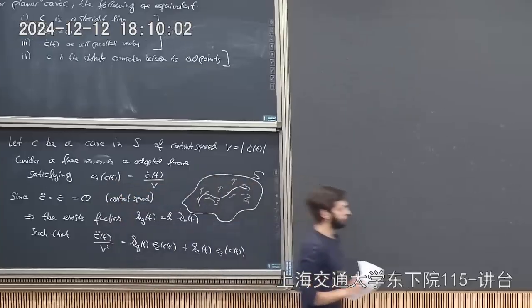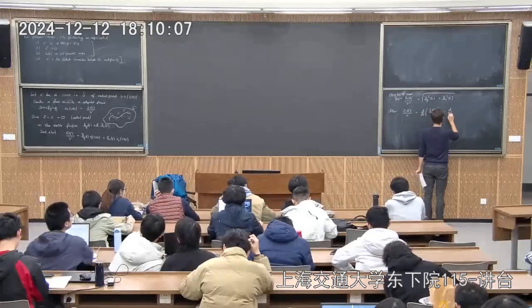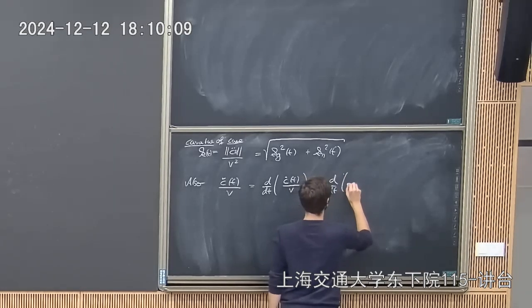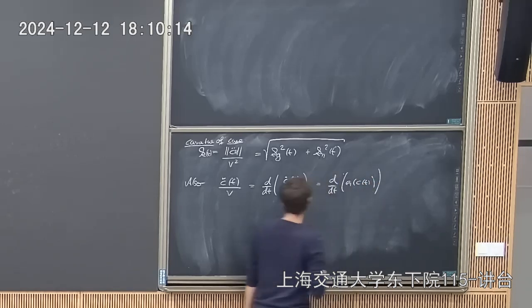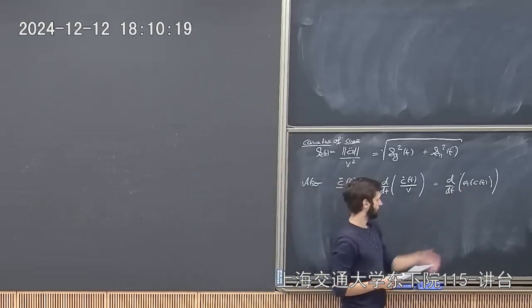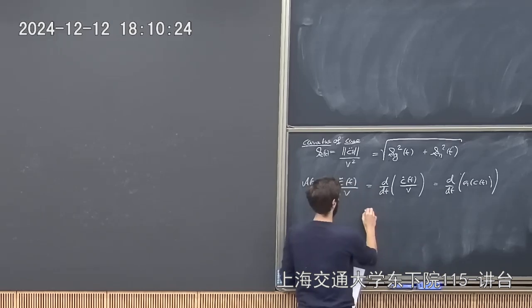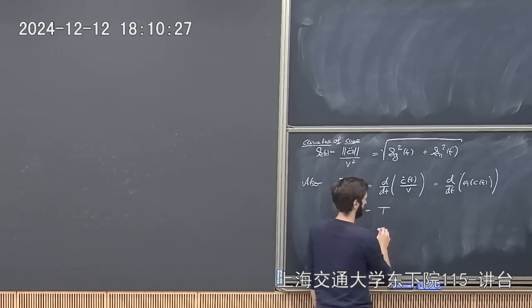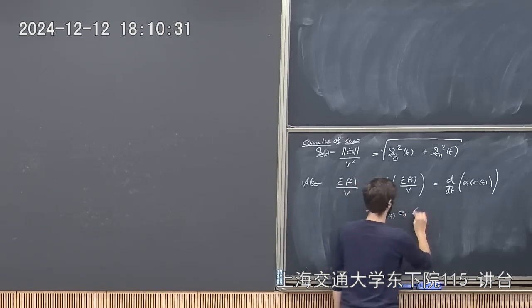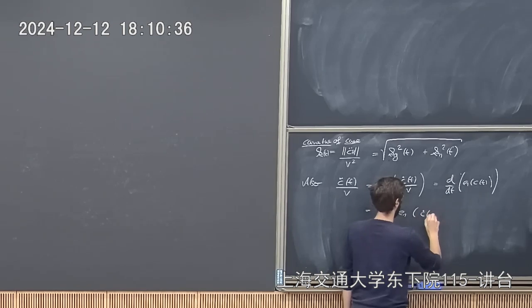So this one is just E1 at the curve, so this would be d dt of E1 in c of t. So that's the reason why we put the v also here. Now we use the definition of the tangent map, or chain rule, depending on how you view it, to write this as the tangent map at c of t of E1 in the direction where we have d dt inside, so that gives us just c dot of t.